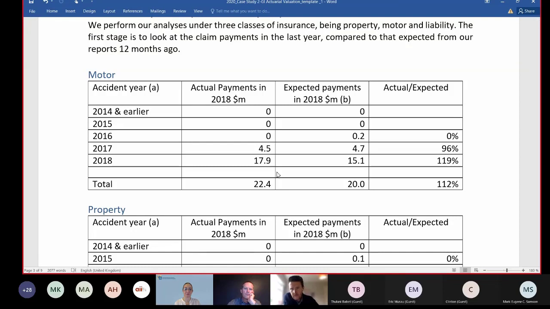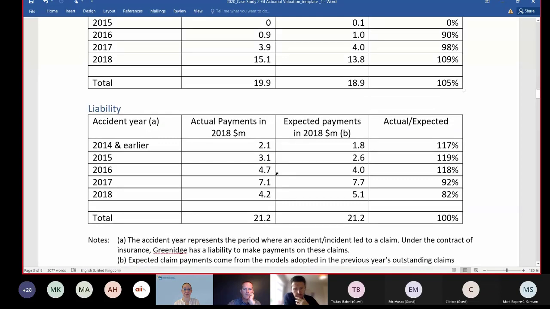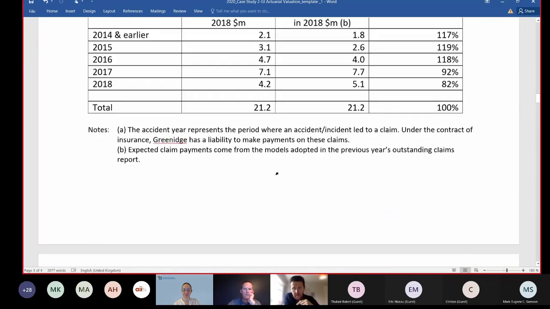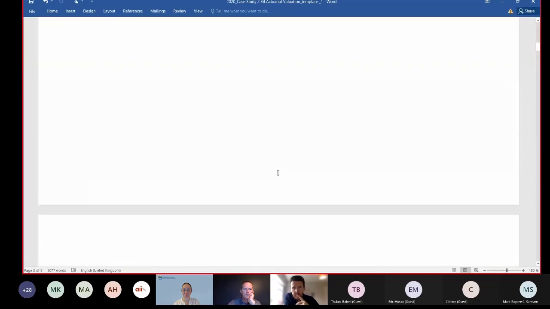Just if you see here, the point was on motor, the total payments were 22.4 versus expected 20, so actual versus expected 112%, and particularly high for 2018. This is a short tail class, so most of the payments will be for the most recent accident year. But if you go down, please, you can go down to the commentary section. Yeah, the commentary after the results.